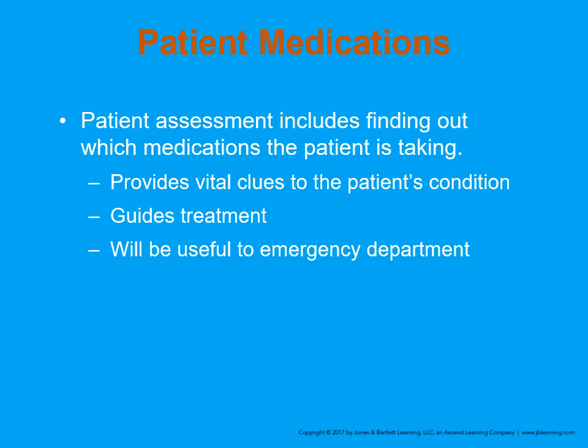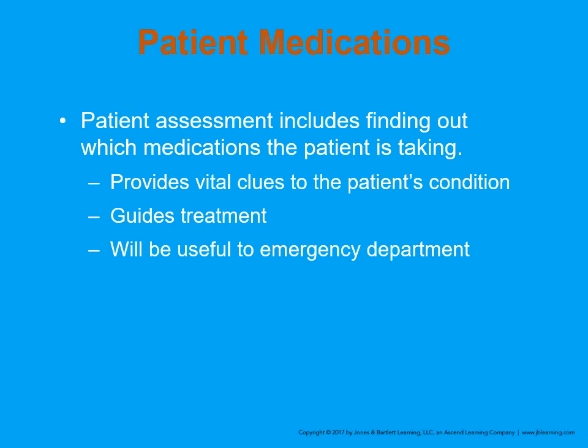Patient medications. Patient assessment includes finding out which medications the patient is currently taking. This information may provide vital clues to the patient's condition. It may help guide your treatment, may be extremely useful to the emergency department physician, and can help you determine a chronic or underlying condition when a patient is unable to relate his or her medical history.